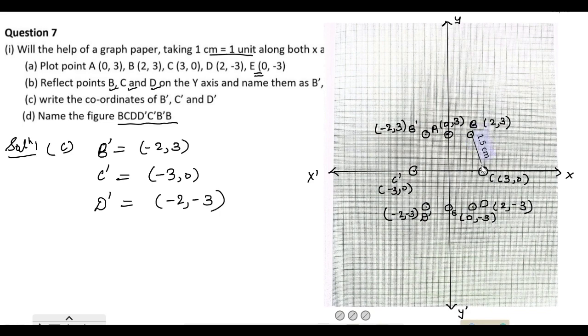B to C, then C to D, D to D dash, D dash to C dash, and C dash to B dash, and B dash to B.